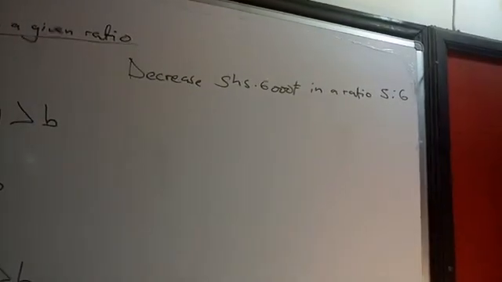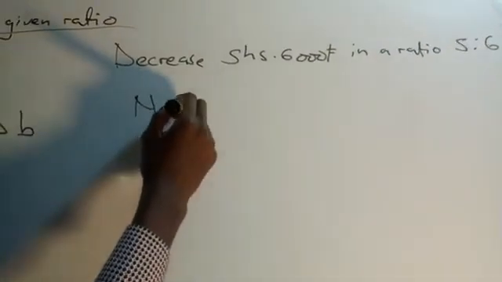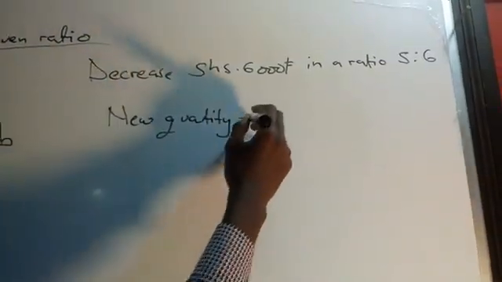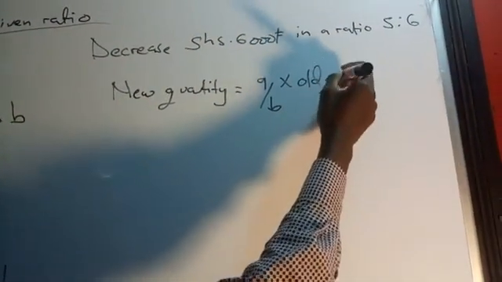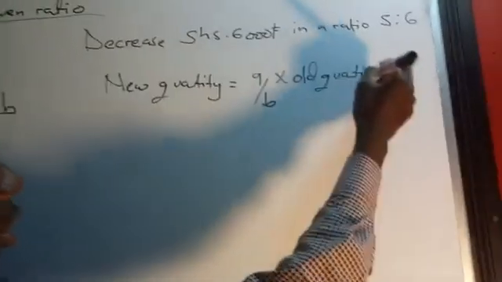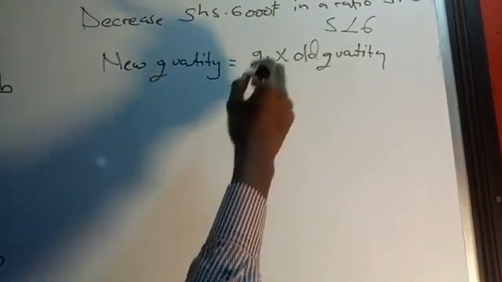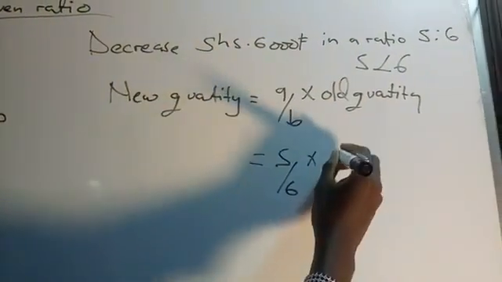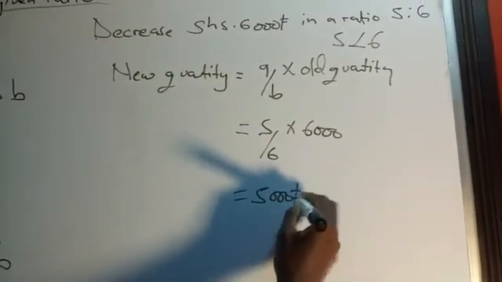We see that 5 is less than 6, so the new quantity equals A over B times the old quantity. 5 is less than 6, becoming 5 over 6 times the old quantity, which is 6,000, getting 5,000 shillings.